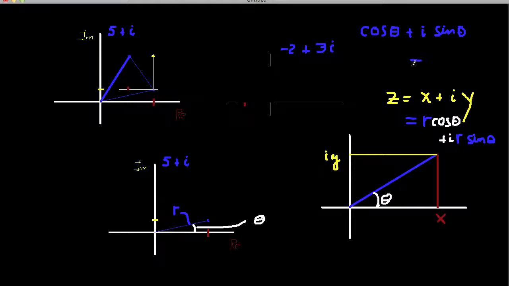We write it as being e, the complex constant e, to the i theta. I'll explain more about this way of representing the number in my next video post.